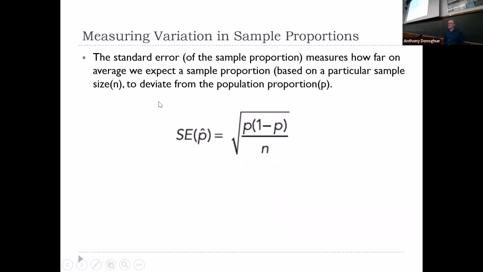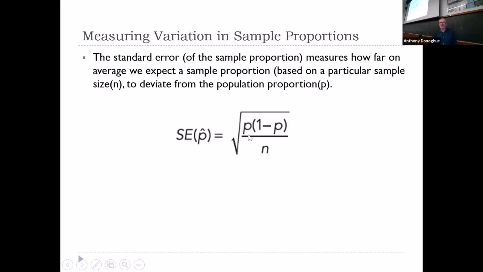All right, so how do we calculate that? As I said, we are in the world of theory, where we're assuming we know the population proportion, and if it's a fair coin, that p is equal to 0.5. When you're calculating the standard error, which measures the variability in sample proportions around the assumed population proportion of 0.5, this is how you do it in theory.